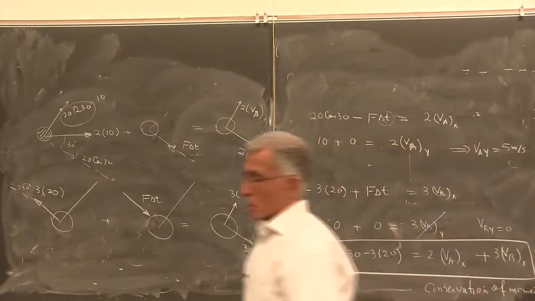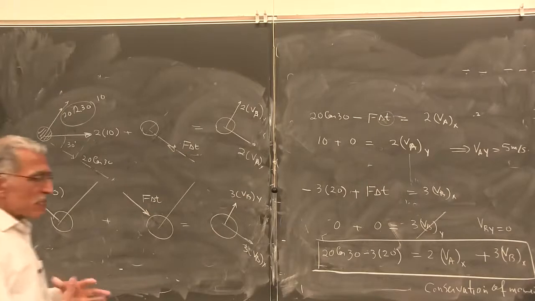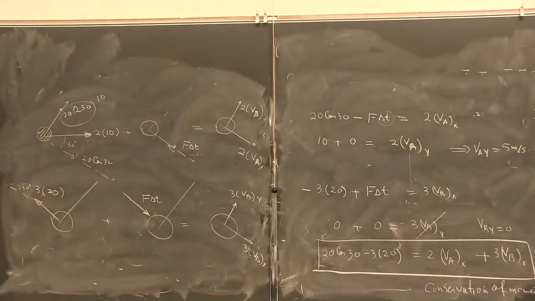We need one more equation, and that one more equation should come from how this impact happened. Is the impact elastic, or is some material deformed, or did they stick together?